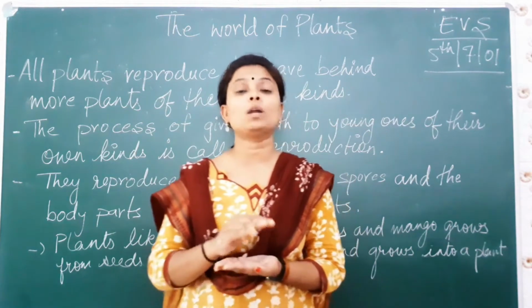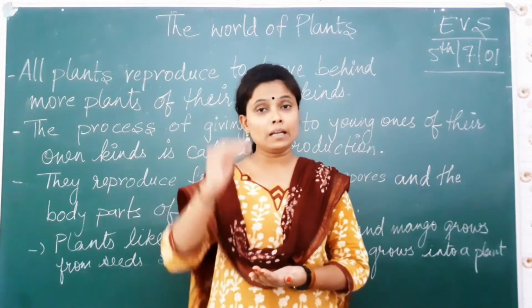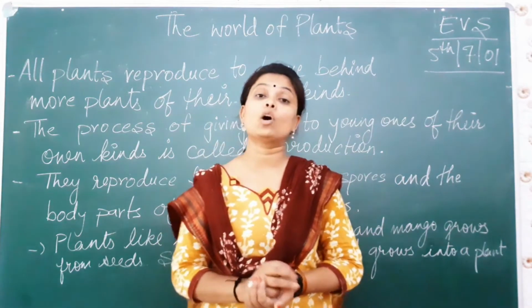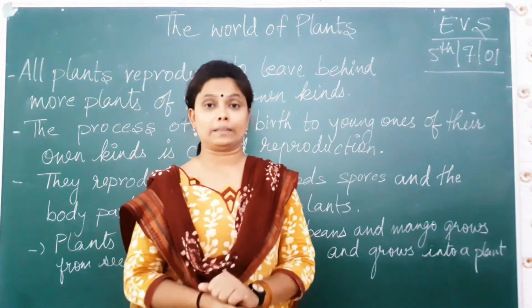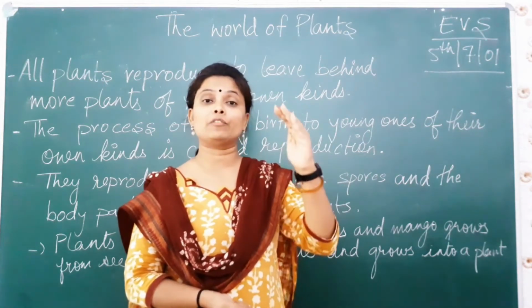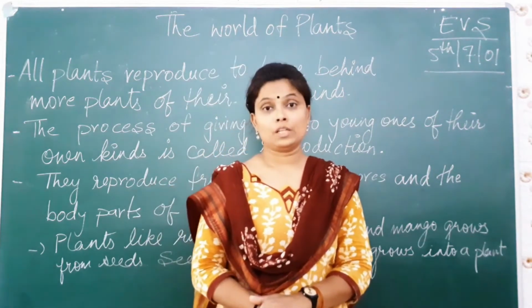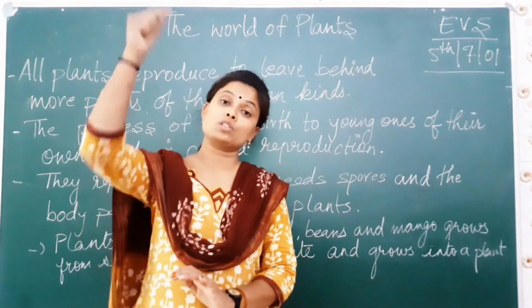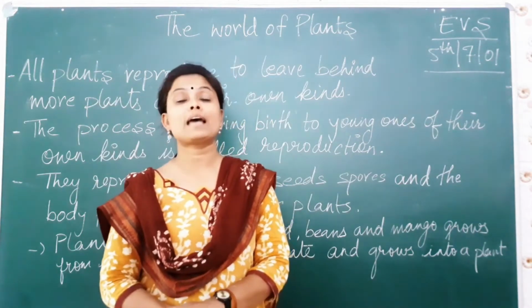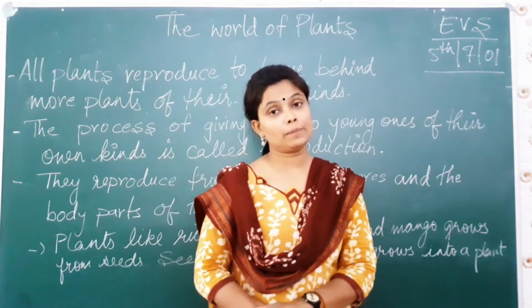Very small plants are called herbs, and slightly bigger than that are called shrubs. A strong and very big plant we should call a tree. Trees are strong plants that grow very high, for example banyan tree, mango tree, neem tree.